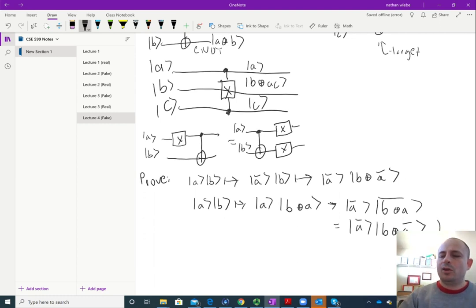So this is a complete proof by linearity and the fact that the basis is complete.